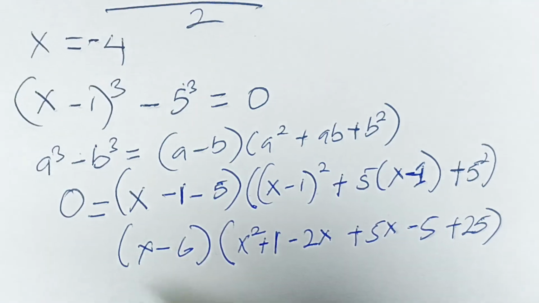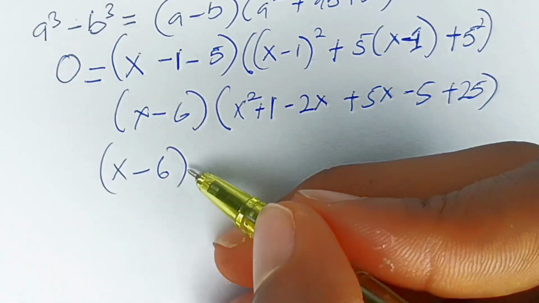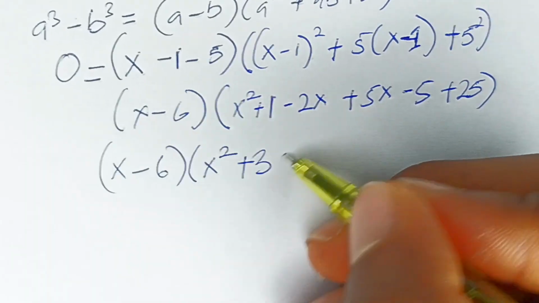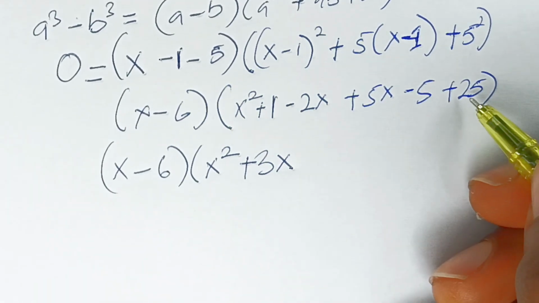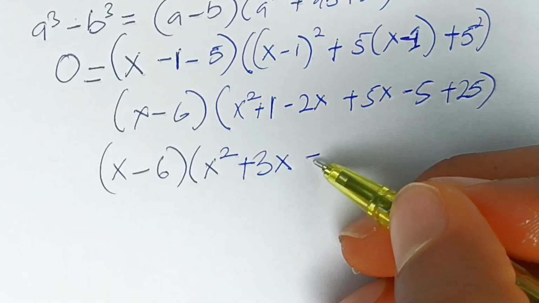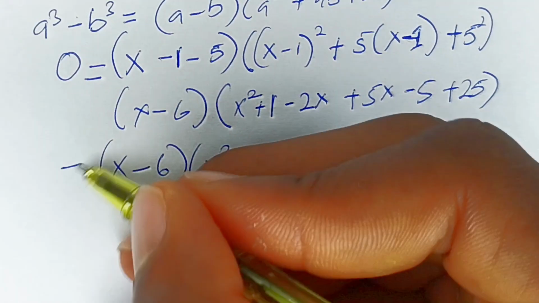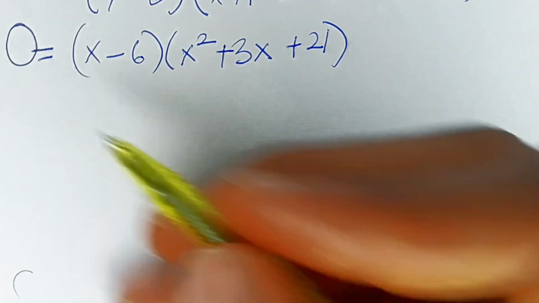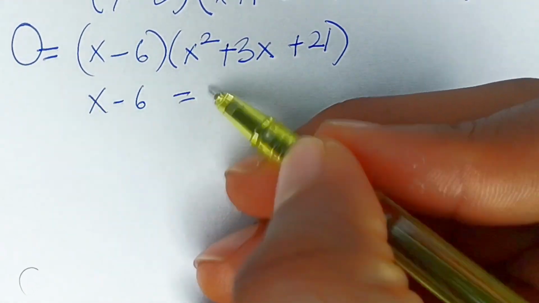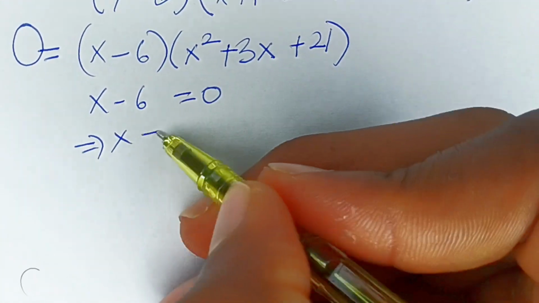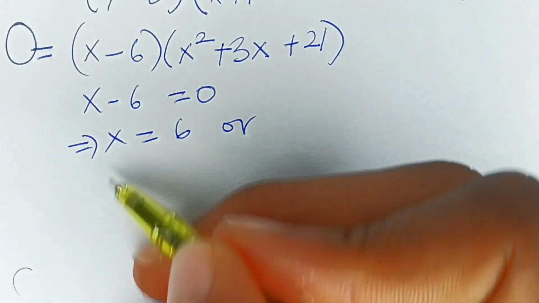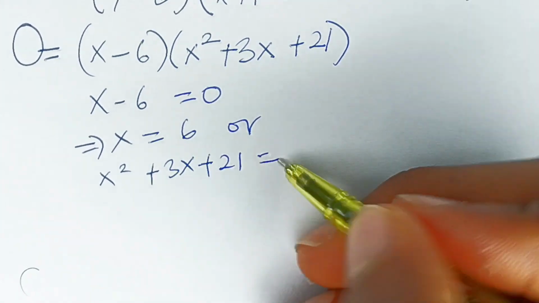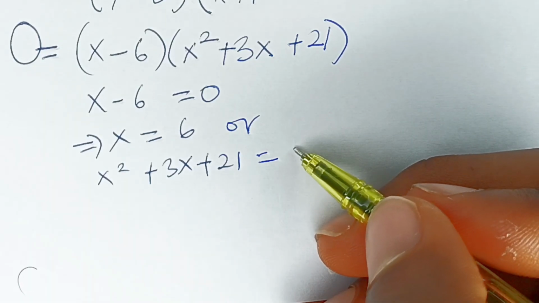Now, (x − 6) multiplied by (x^2 − 2x + 5x is +3x, 25 − 5 is 20, plus 1 is 21) = 0. Okay? Now the product of two things is equal to 0. So it's either that x − 6 = 0, implying that x = 6, or x^2 + 3x + 21 = 0.